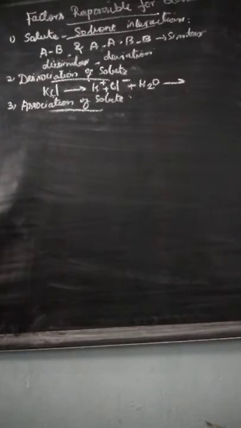Then third factor, association of solute. Association means joining. Association of solute molecules also causes deviation from ideal behavior.